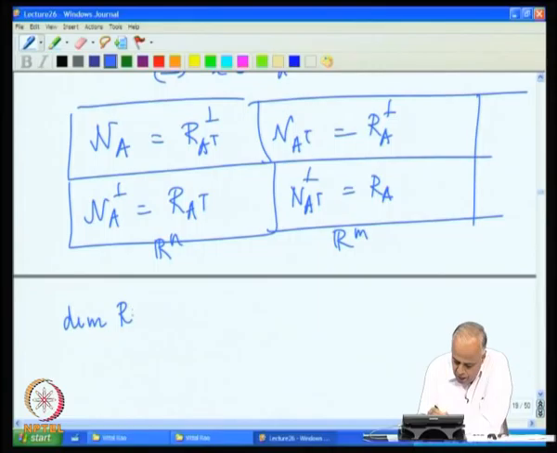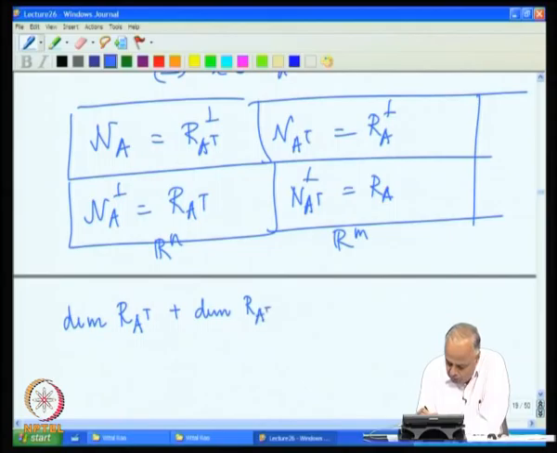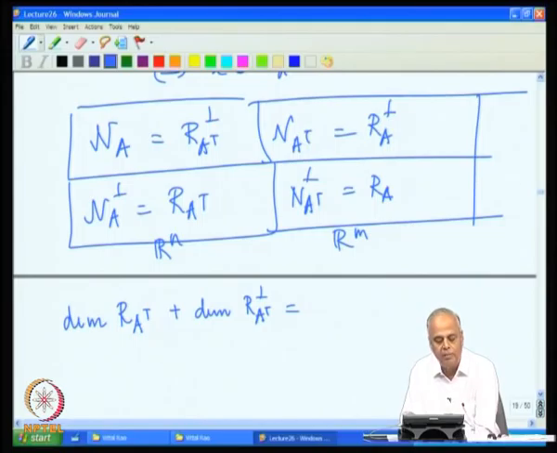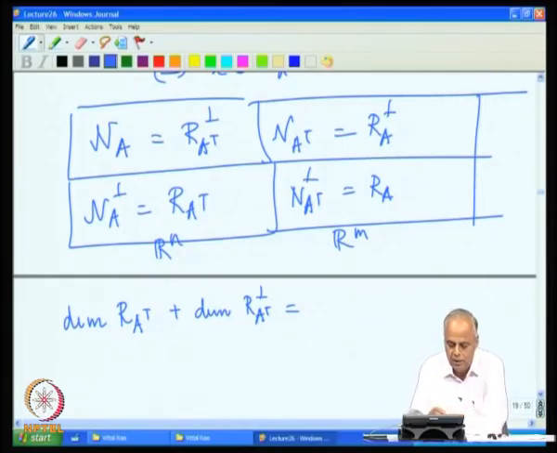We have dimension of range of A transpose plus dimension of range of A transpose perp. Whenever we take a subspace and its orthogonal complement and we look at the dimensions and their sum, it must give me the dimension of the whole space. These are all subspaces in R n, therefore, the dimension of the whole space is n, that must be equal to n.